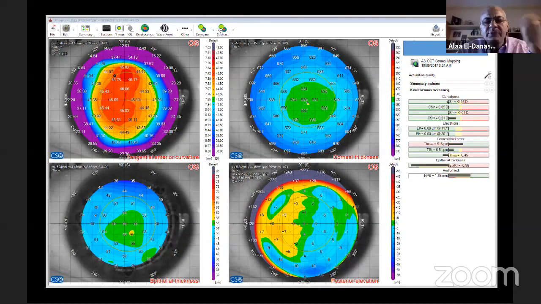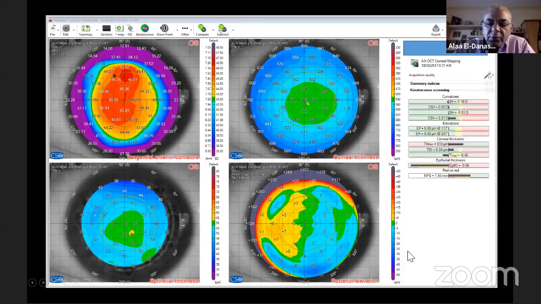Now, the MS-39 gives you other maps if you like, such as a sagittal anterior curvature map, a Gaussian map, which I think will be important in the years to come, not yet very popular. You can look at the refractive power and tangential posterior curvature map, which gives you good information.